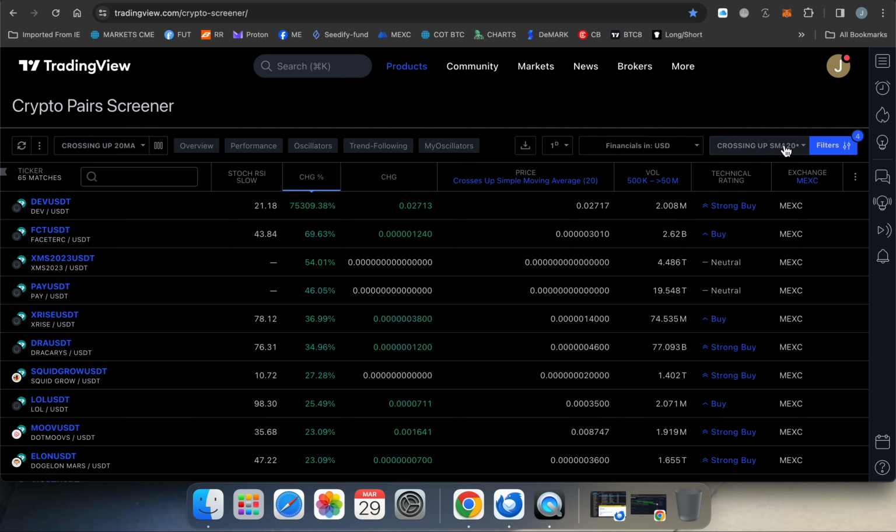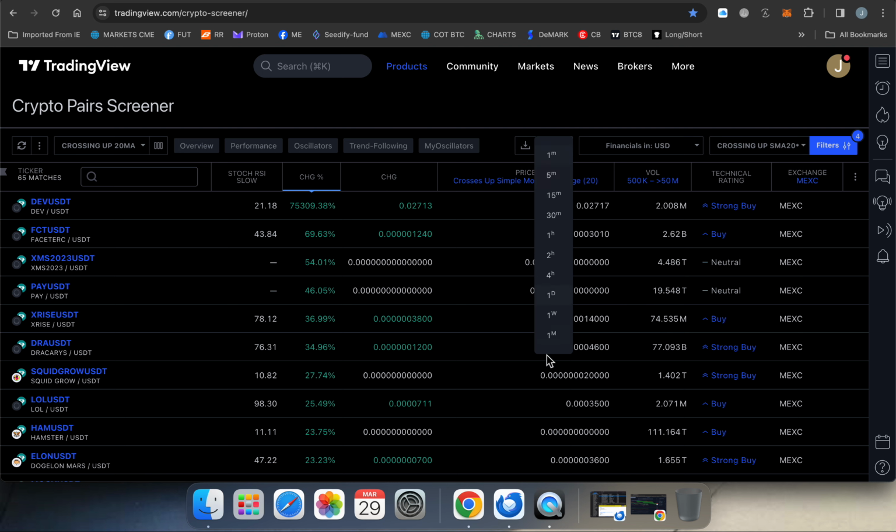So what I set up over here is your price action crossing up your simple moving average, your 20 day simple moving average. So right here's your time frame. You can search for this all the way down to a 1 minute. You got a 1 month, weekly, daily, 4 hour, 1 hour.